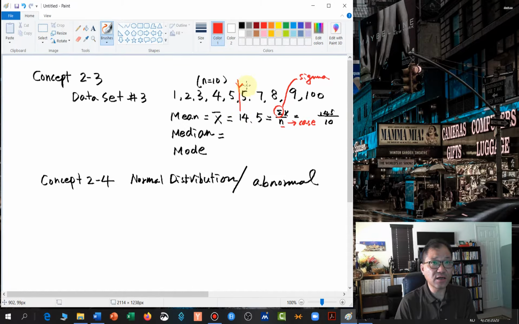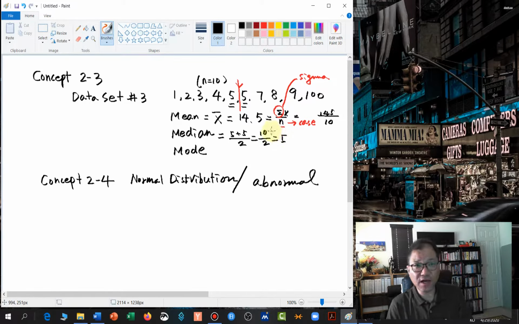That is the median. So how do you calculate median? When the middle point is in between two numbers, you need to add two numbers. 5 plus 5 divided by 2 equals 10 over 2 equals 5. So the median is 5.